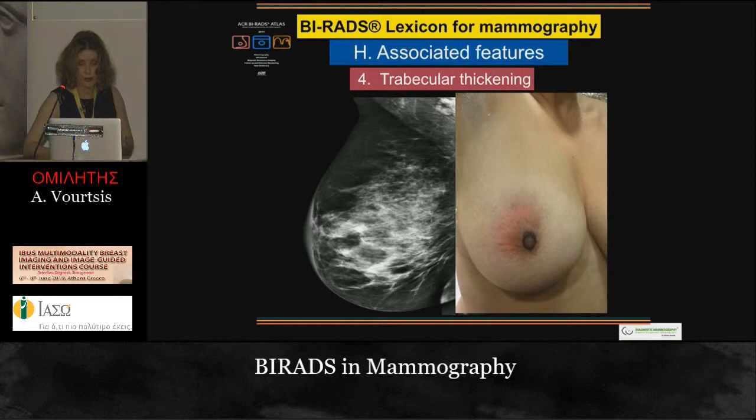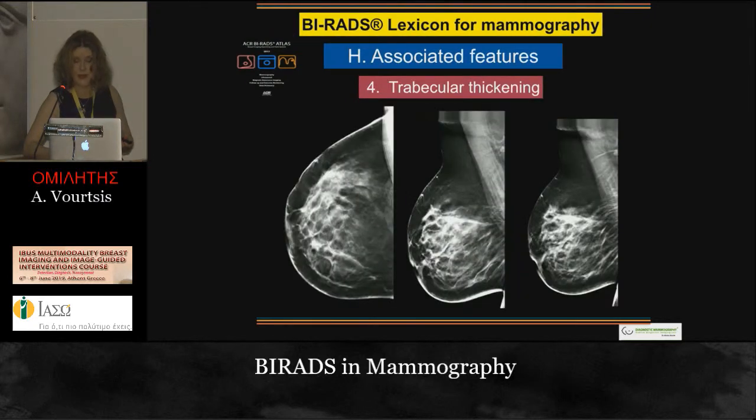What about trabecular thickening? Trabecular thickening appears as increased density in mammography, and in most cases it represents edema that has developed due to different reasons.